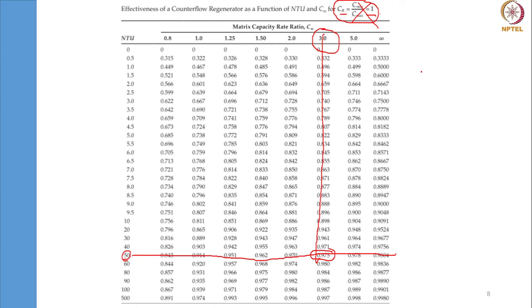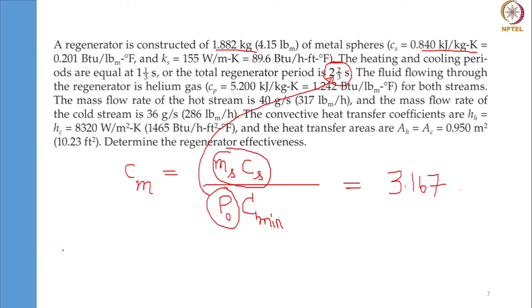So we are going to find out the effective NTU and effective matrix capacity ratio. Effective NTU is defined as 2 times CR into NTU divided by 1 plus CR.